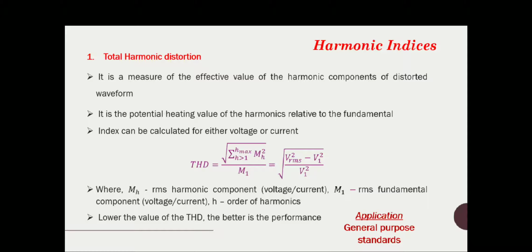Suppose this is a fundamental voltage, V1, then the second harmonic component of voltage is V2, etc. And this is equal to square root of Vrms square minus V1 square divided by V1 square.